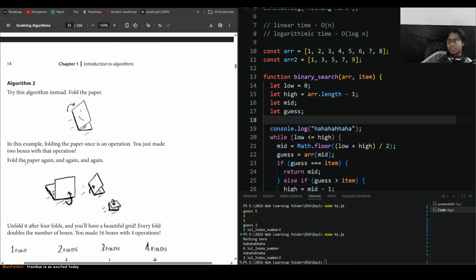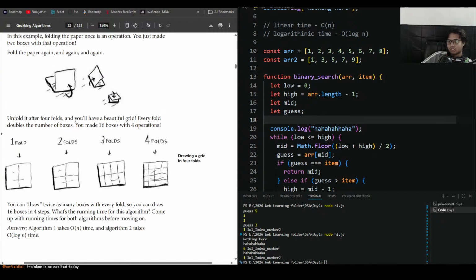With this operation, fold the paper again and again and again, then unfold it. After 4 folds, you have a beautiful grid. Every fold doubles the number of boxes. You made 16 boxes with 4 operations.